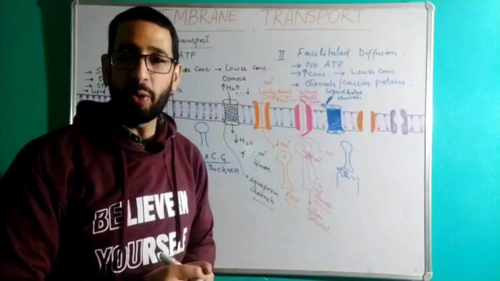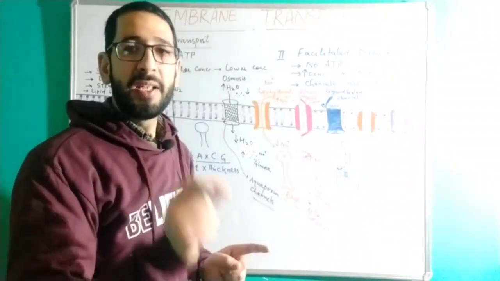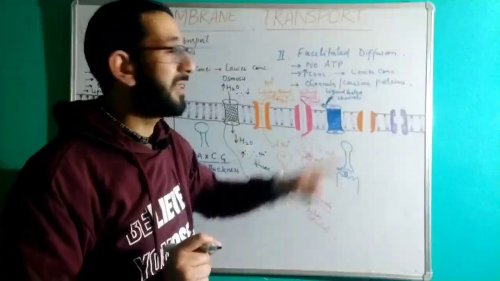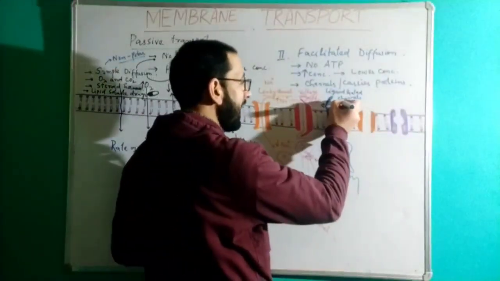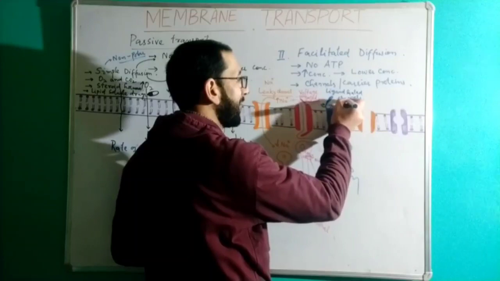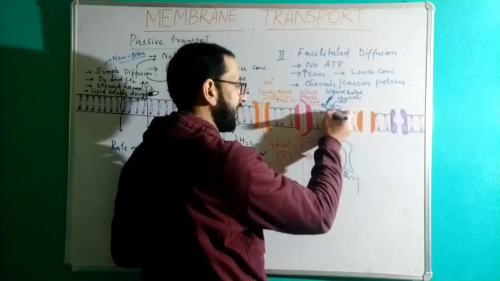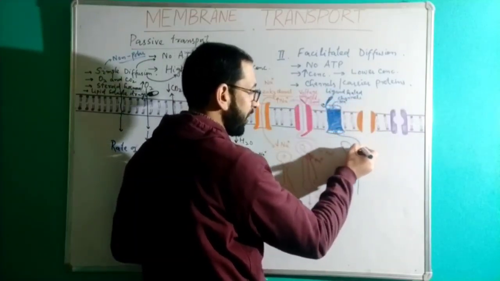And in the neuromuscular junction, it is particularly the ligand-gated sodium channel. It is again going to be a sodium channel, and sodium from higher concentration will start moving towards the lower concentration.